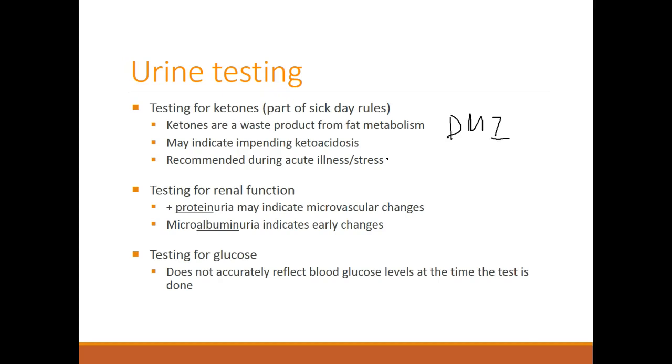Testing for renal function. Our kidneys really take a beating for both type 1 and type 2 diabetics, so what we'll be looking at is protein in the urine. A point of care test isn't always a good indication that there is some involvement of the kidneys, but diabetic patients typically have to do what's called a 24-hour urine.